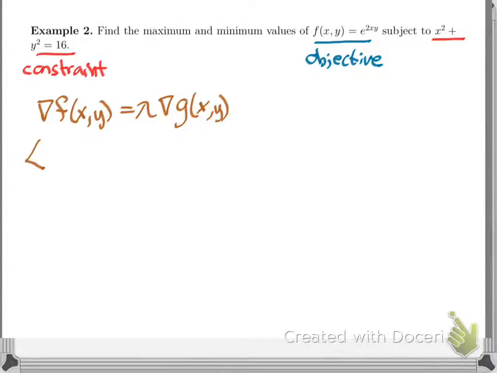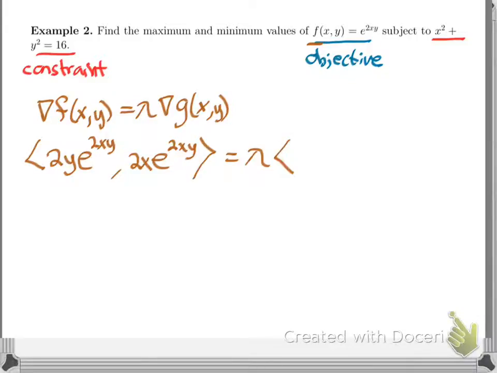So the gradient of my function f, if you're looking at my objective here, would be 2y e to the 2x times y, comma, and then now we're doing a partial with respect to y. The derivative of e to the something is still e to the something, and then I'm multiplying by the derivative of that argument with respect to y, equals lambda times the gradient of g.